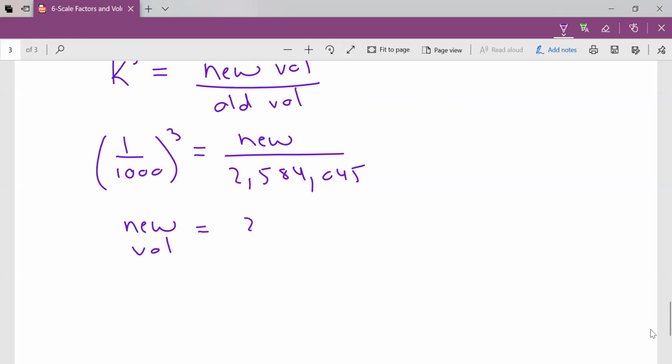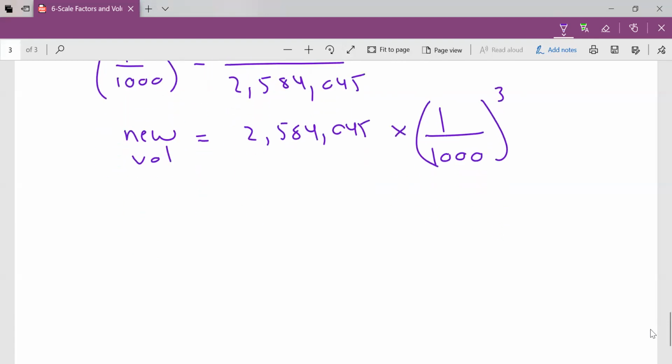Again, friends, at this point, all we're going to do is find our new volume. We're going to multiply both sides by this 2 million and change, multiplied by 1/1,000 cubed. If we put that into our calculator, what we're going to get is 0.002594.